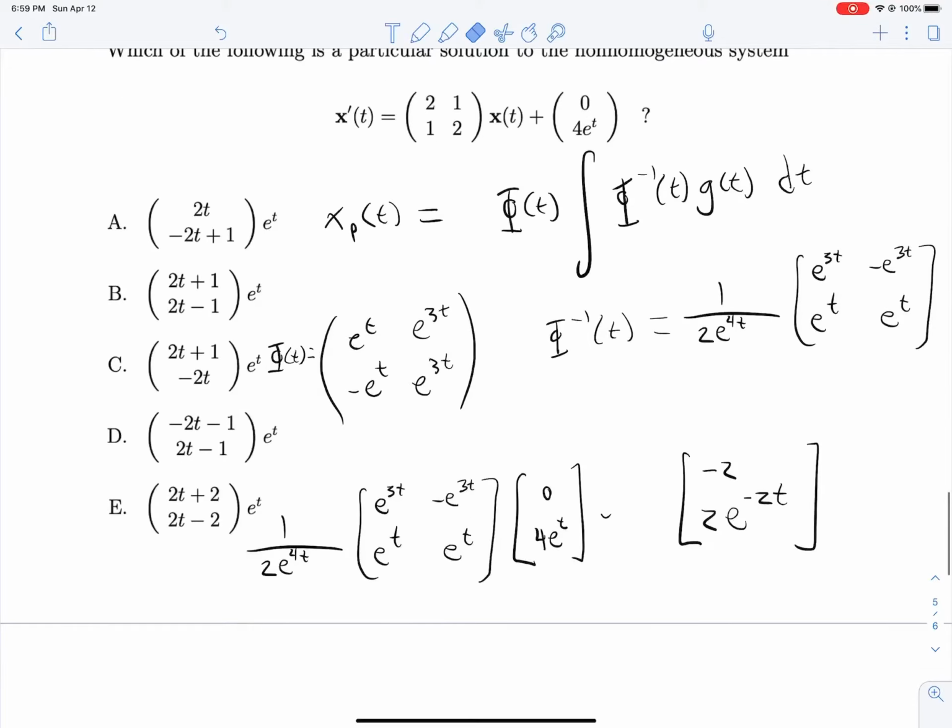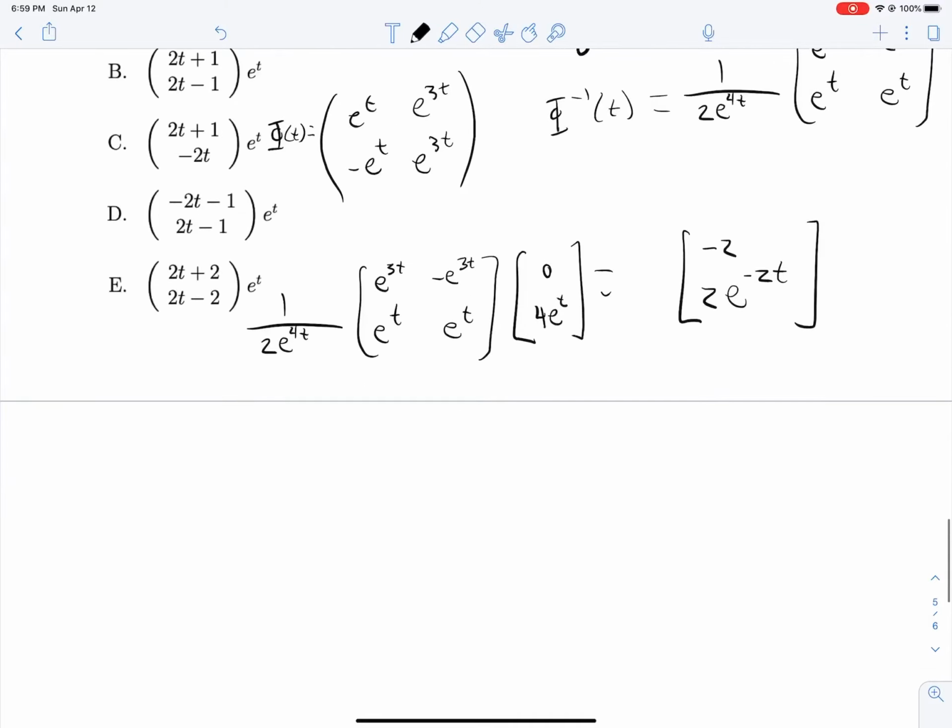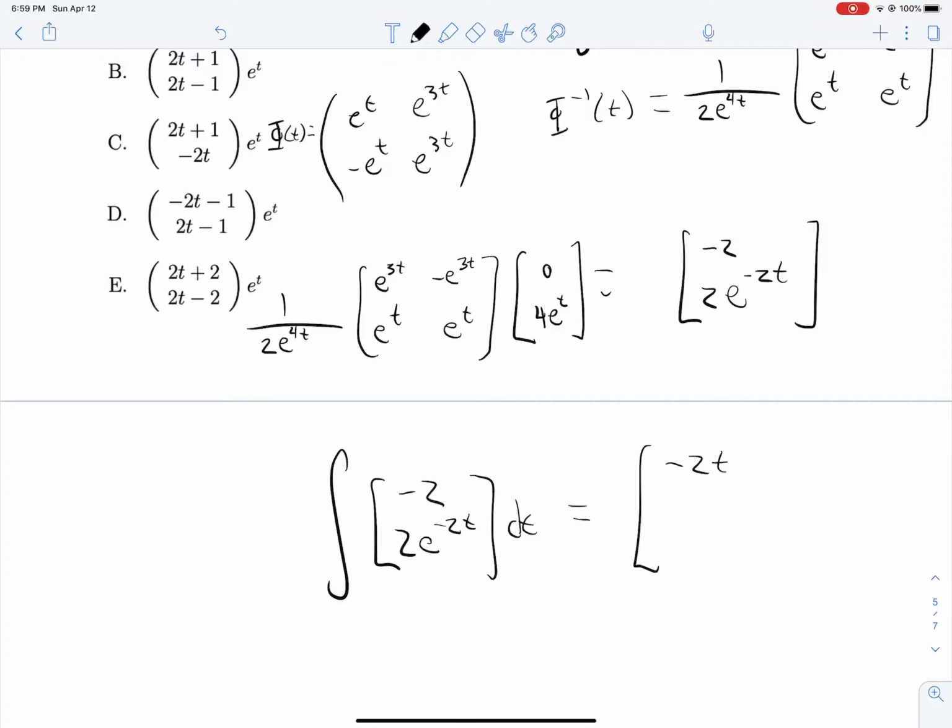So that is that, and we are now taking our integral of negative 2e to the negative 2t dt, and in fact we'll be leaving out the constants that we would normally get from this. I'm not exactly sure why. We get negative 2t minus e to the negative 2t.